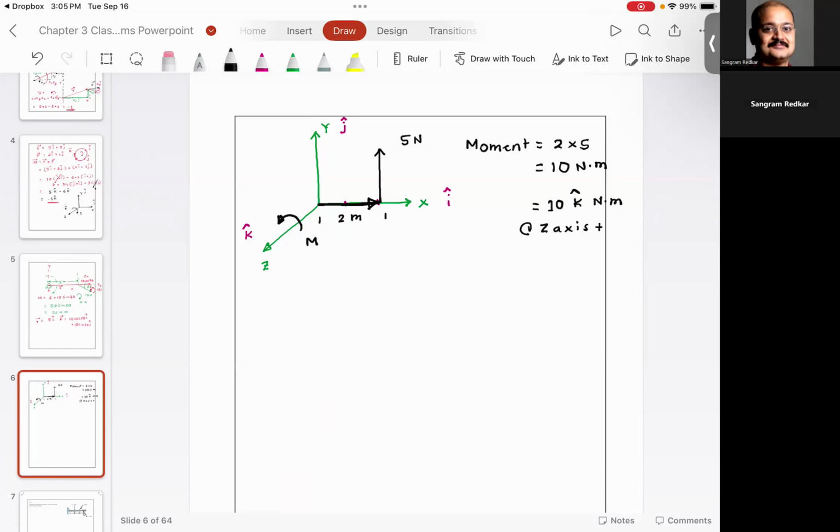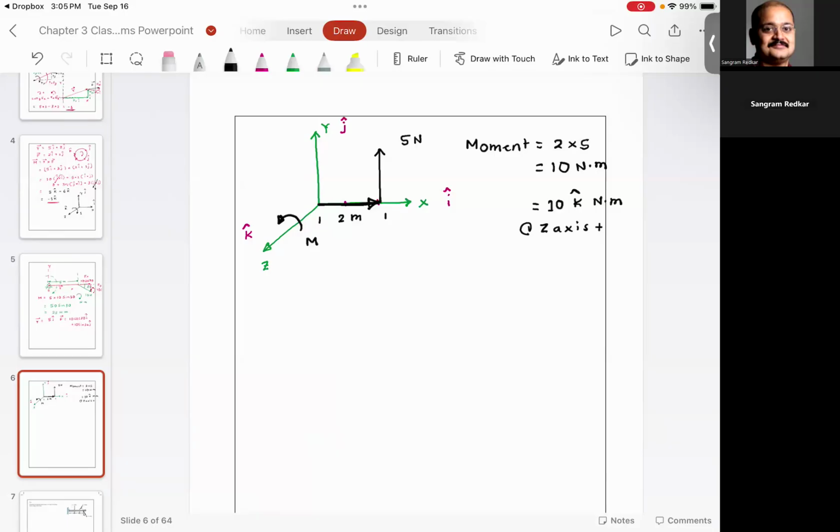Now I want you to tell me, very important, if the force is going in the X direction, what would be the moment? Moment will be 0 because the force going in X direction is not perpendicular to the distance.